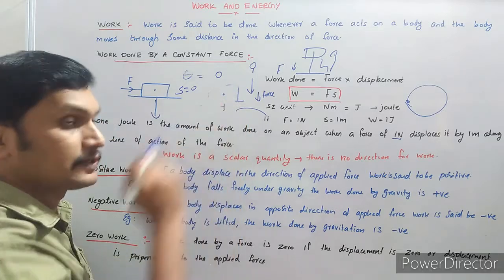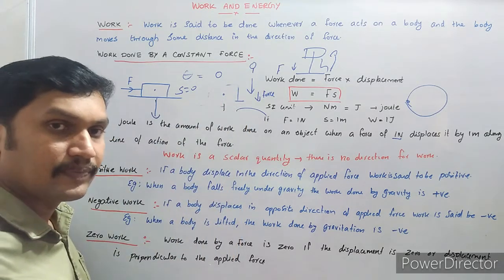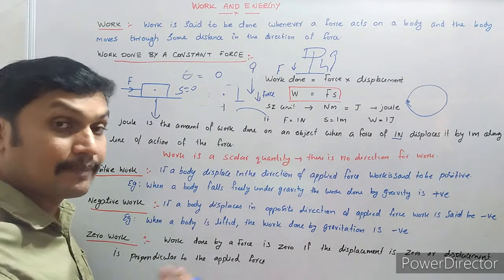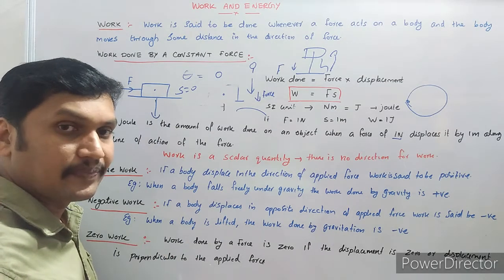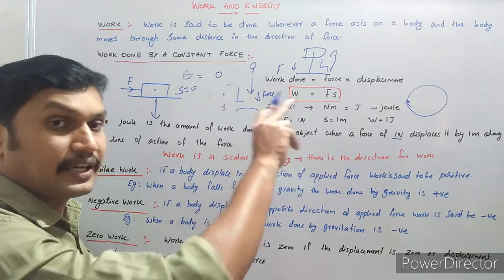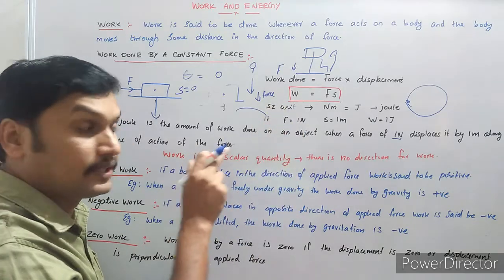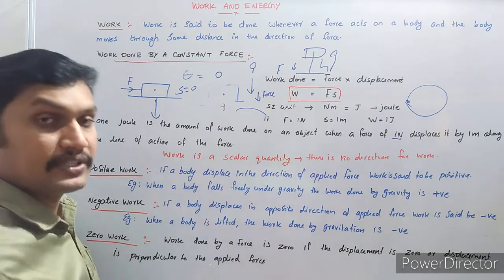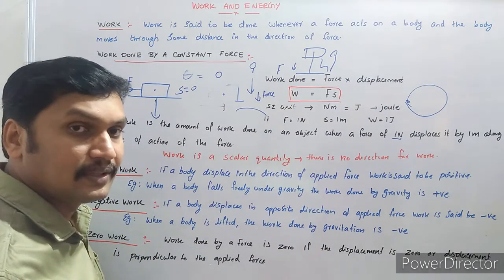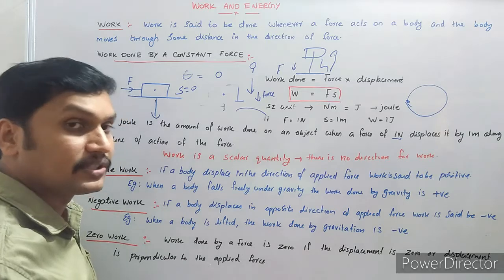If the object is not displacing, the work is equal to 0. If the force and displacement are perpendicular, the work is equal to 0. If the object returns to the initial position itself, the displacement is equal to 0, and no work is done. So work can also be 0.